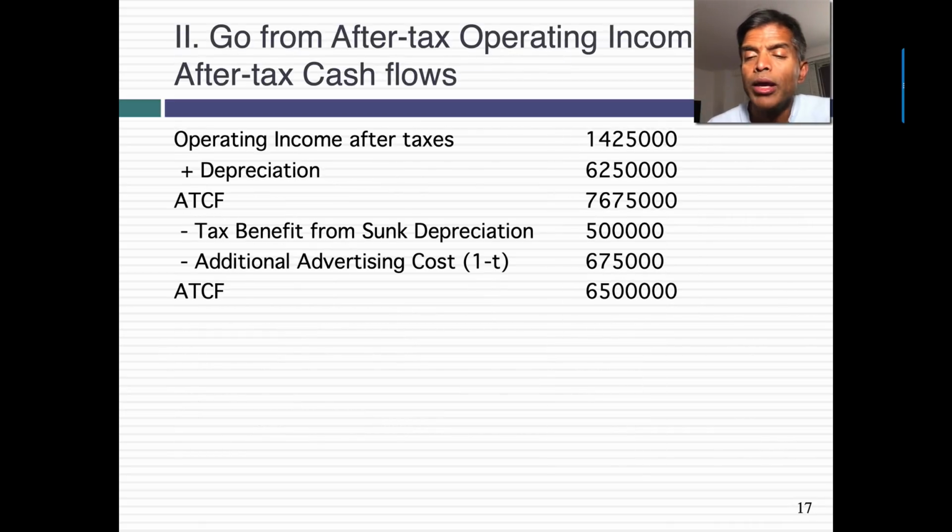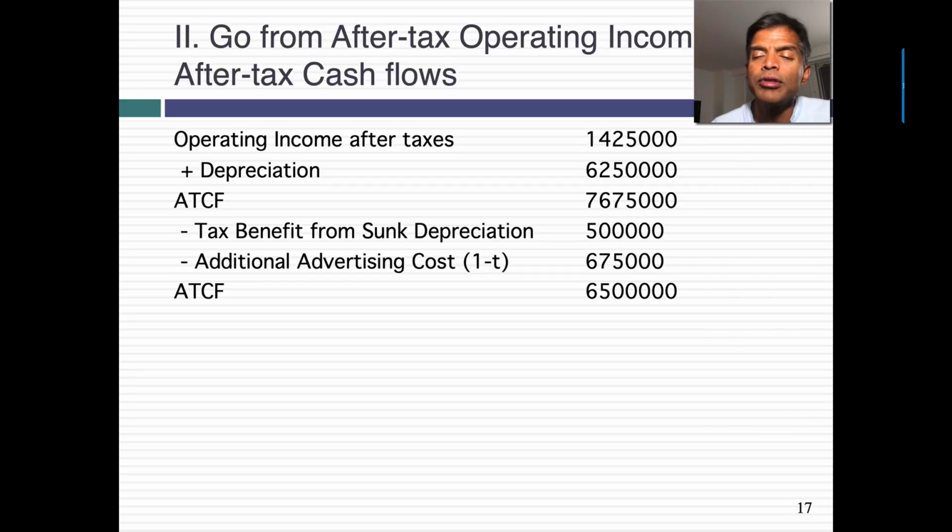I start with that. I add back the entire 6.25 million, even though 1.25 million of that is sunk. It's a non-cash charge, and whether it's sunk or not, I should be adding it back. I come up with cash flow, an intermediate stop, of 7.675 million. And then I've got to clean up for 2 items. The first is that 1.25 million in depreciation that I allowed the accountant to treat as depreciation should never be included.